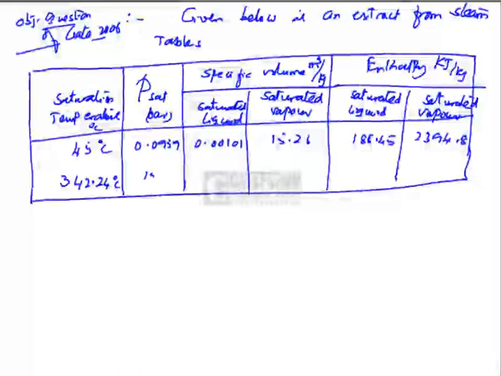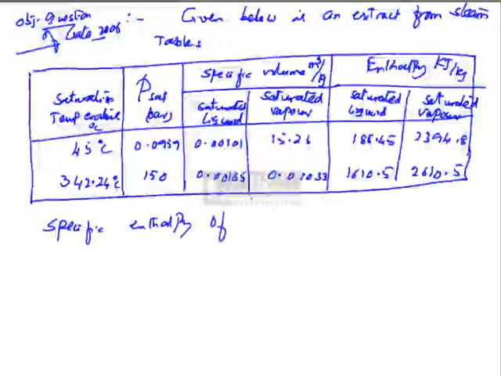The saturation pressure is 150 bar. The saturated liquid has specific volume of 0.00165, and saturated vapor has specific volume of 0.01033. Saturated liquid has got enthalpy of 1610.5. Saturated vapor is having an enthalpy of 2610.5 kilojoule per kg.